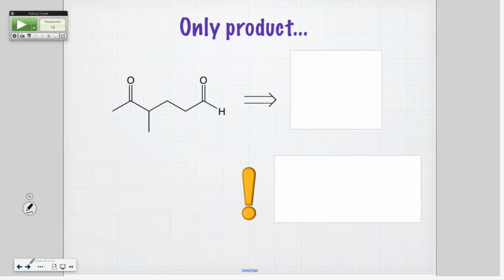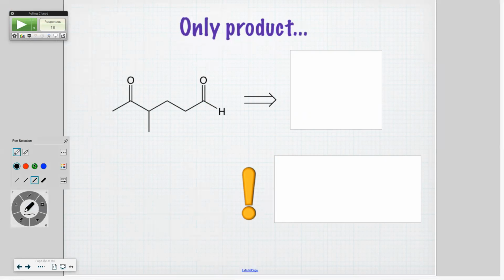Okay, what if that was the only thing that you got? You only got one product, has two carbonyls. What starting material would give that as the product? Ah, yep, a ring. Good job. All right, so how am I going to make the ring?